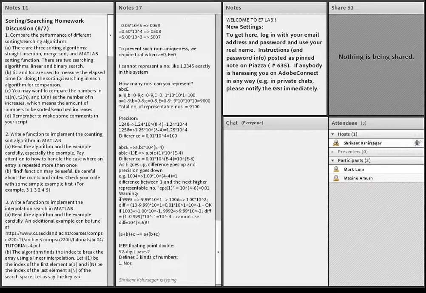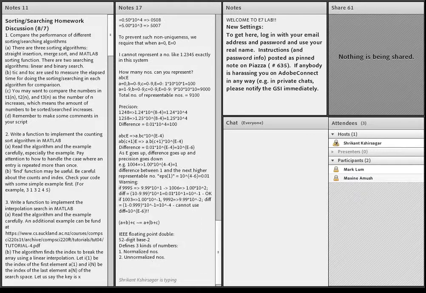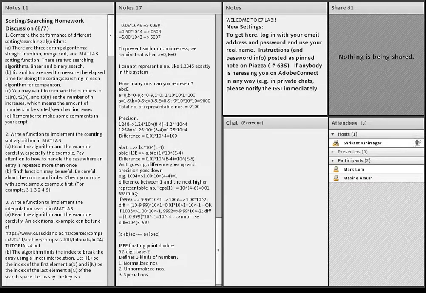So the first one is what is called the normalized numbers. The second one are the unnormalized numbers, and the third one are special numbers. Okay, and by doing this, we are able to basically use all the possible representations to represent some number, and so maximize the numbers you can represent in this number system.